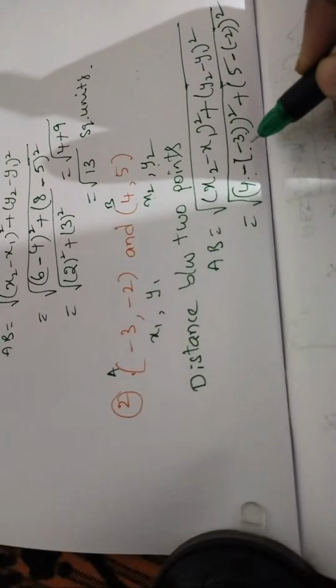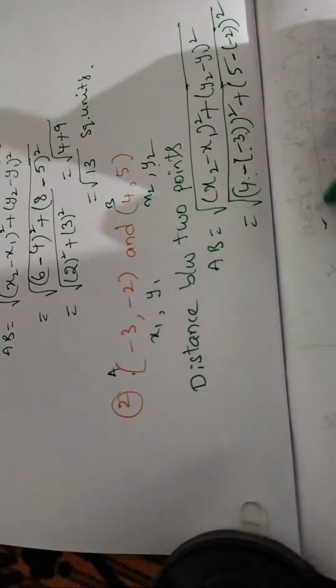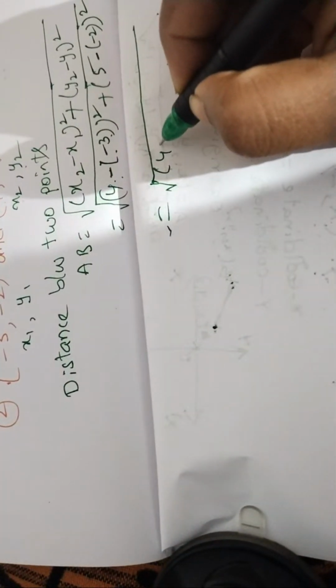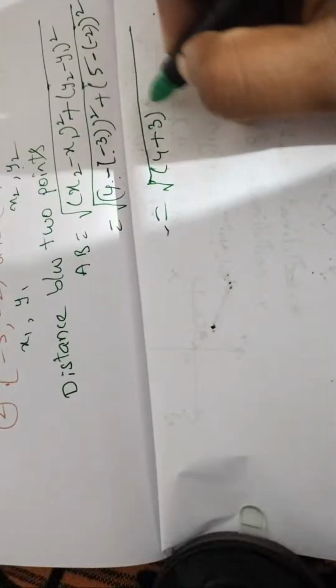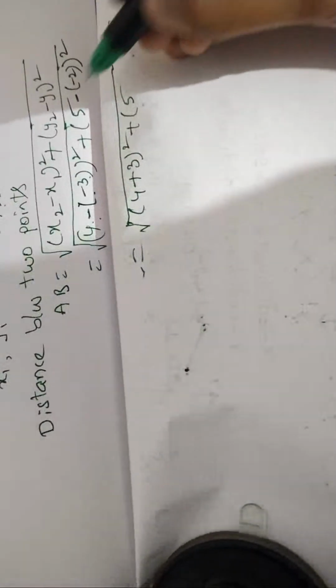Open the brackets. When we open the brackets, minus into minus becomes plus. So next we write 4 minus into minus, plus 3 whole square plus 5. Now again minus into minus. Here also minus is there.